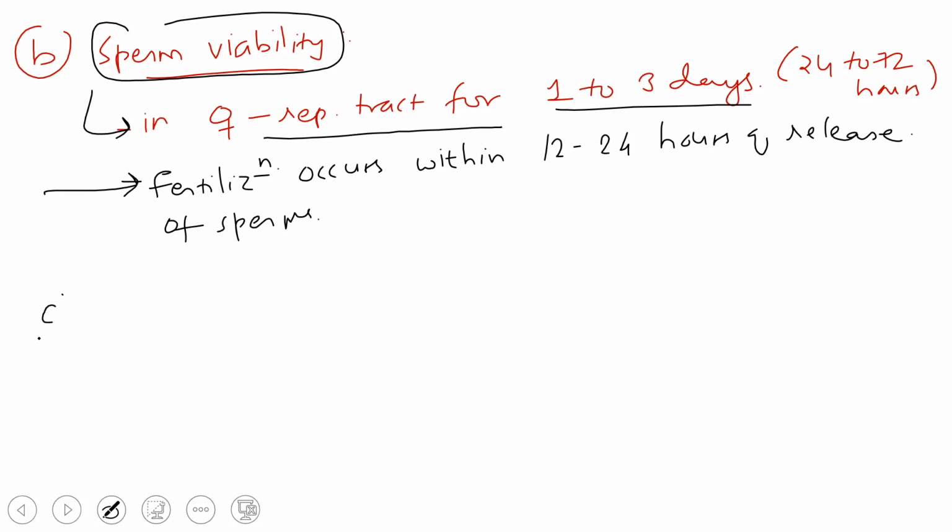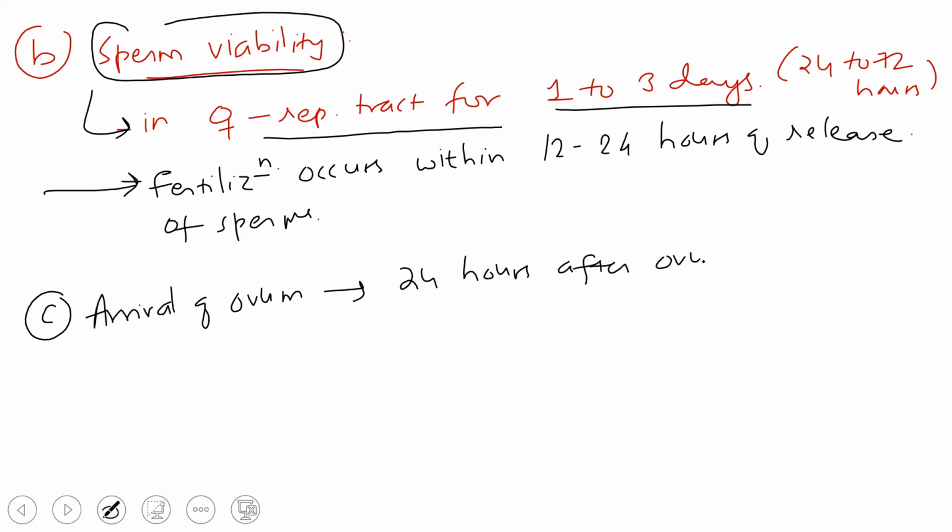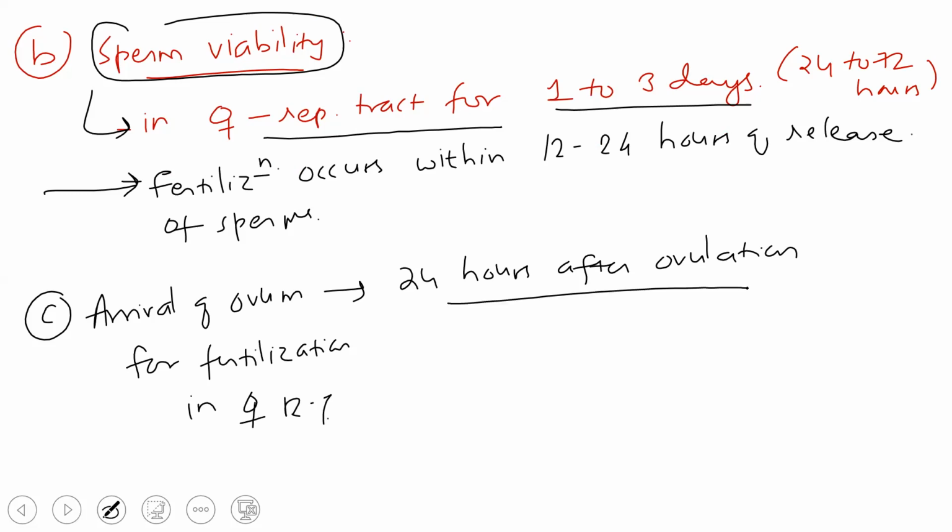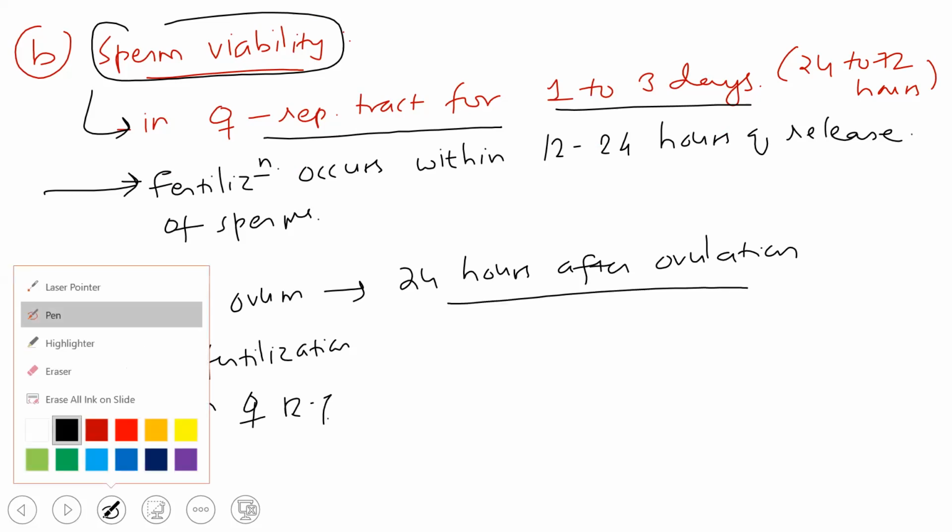And the ovum arrival is usually 24 hours after ovulation. So the arrival of the ovum for fertilization in the female reproductive tract will be usually 24 hours after ovulation. So all this must coincide.